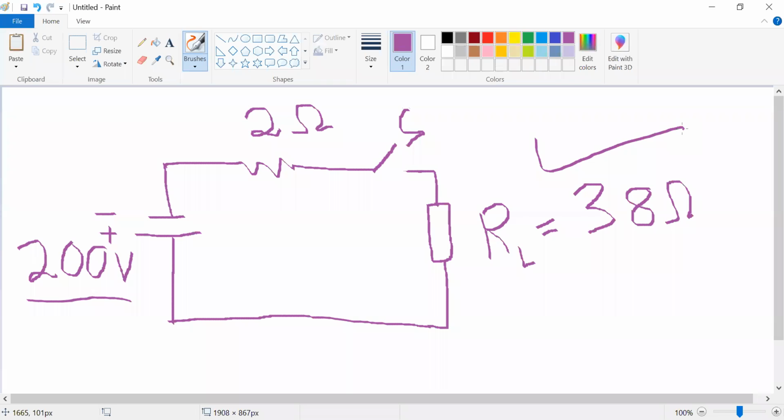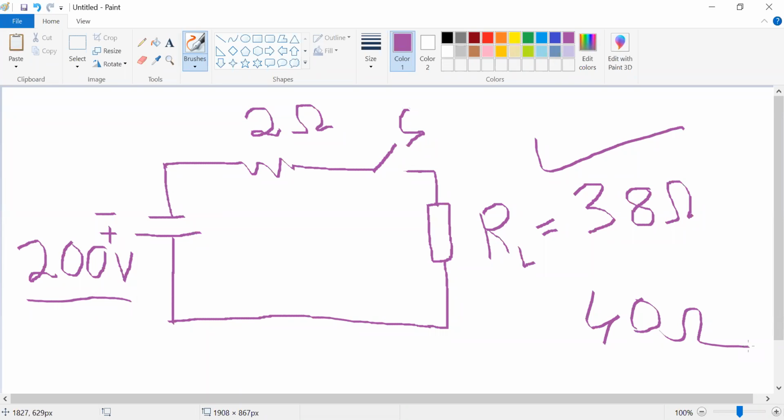Here I will take only a DC source, 200 volts. The total resistance of the circuit is 38 ohms load resistance plus 2 ohms cable resistance, that means 40 ohms.